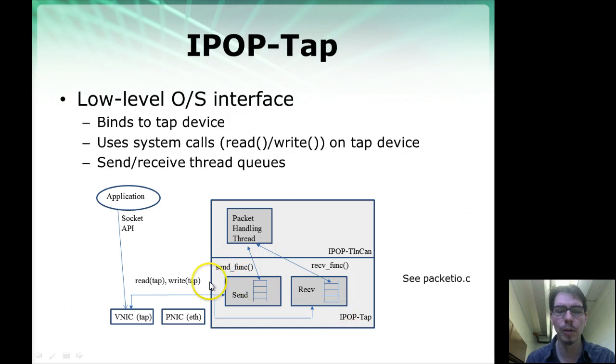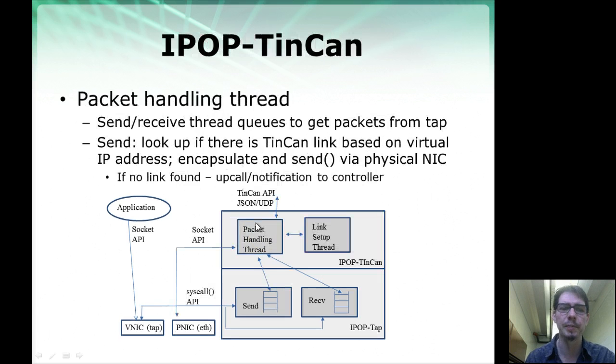So the low-level code here has really not a lot of functionality other than being able to talk to the TAP device for different operating systems, buffer things, and call the appropriate function up in tincan. So most of the interesting stuff happens in tincan once a packet comes in.